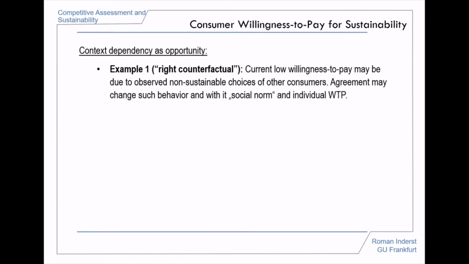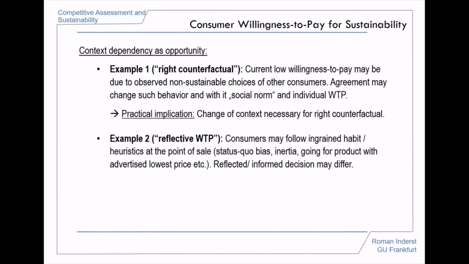It could collectively change the behavior, with it the social norm, and then again individual willingness to pay. The practical implication is that if we want to think through such a potential change of context, and have the right counterfactual for an analysis, then we may have to go down the road of a hypothetical assessment and ask the right questions to consumers, always being careful.